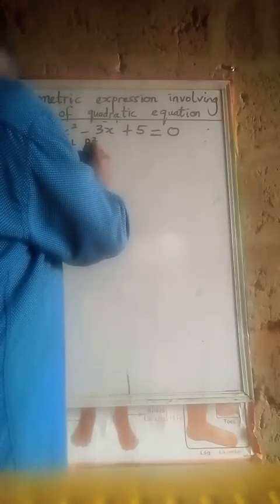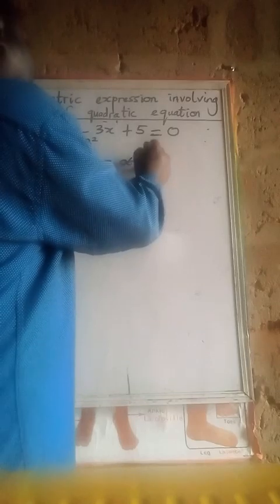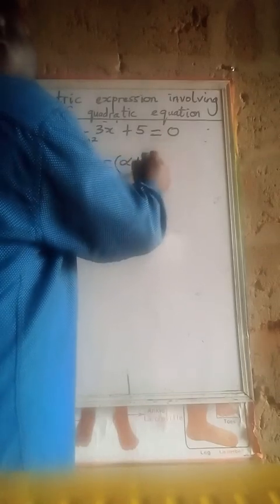Just write alpha square plus beta square as alpha plus beta raised to the power of 2 minus 2 alpha beta.